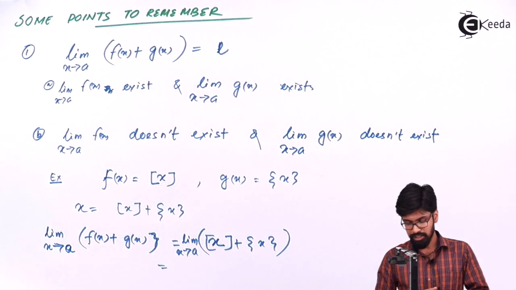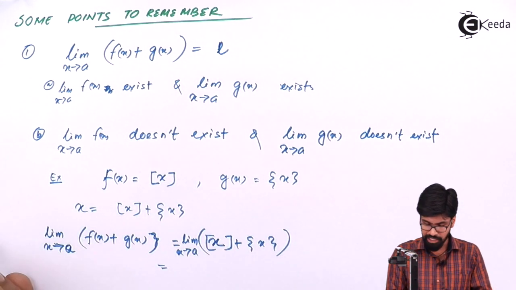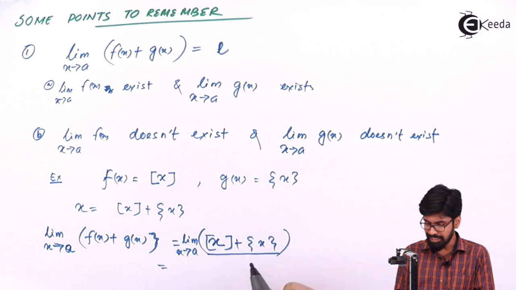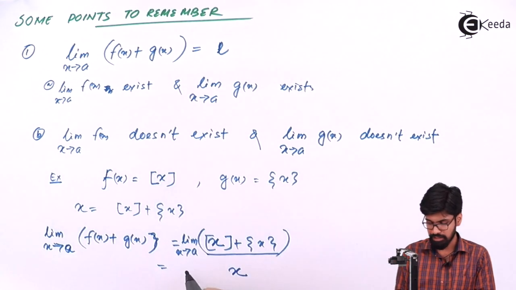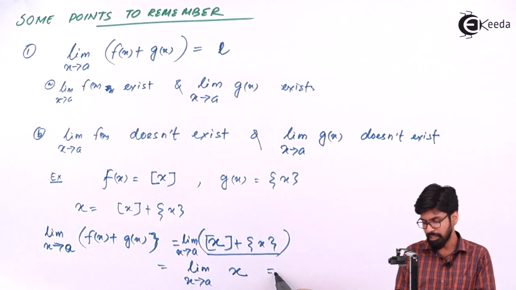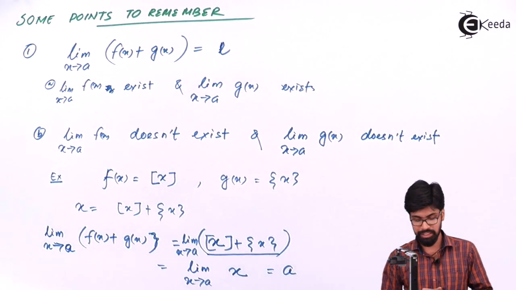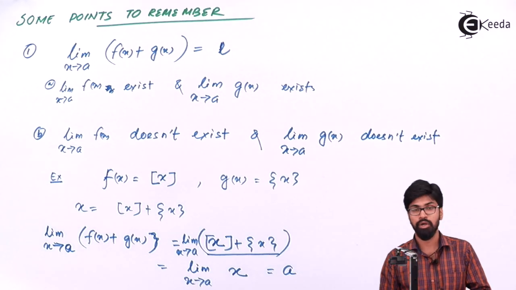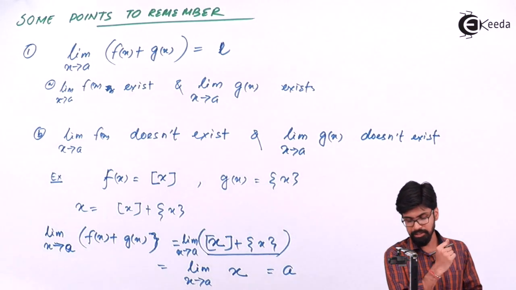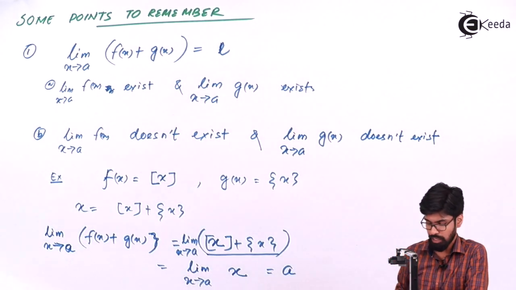So when the certain number is approached by x, greatest integer of x plus fractional part of x, both the addition will give x, and we already know limit x approaching a of x will be a. So the value of limit x approaching a, f of x plus g of x, where f of x is equal to greatest integer of x and g of x is equal to fractional part of x, is equal to a.